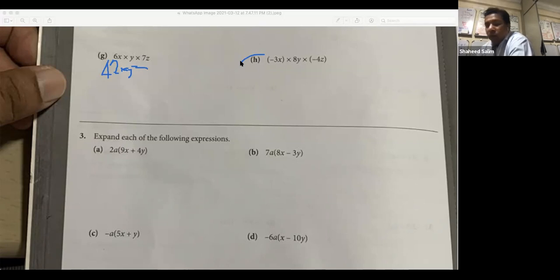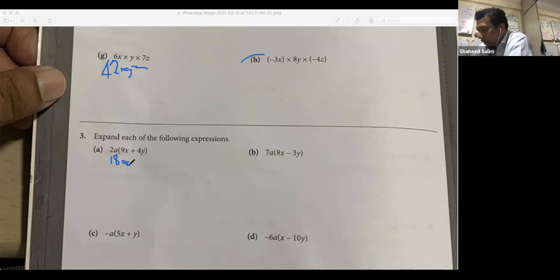Down here, 2 times 9, 18. A times X, AX. 18AX. Right? It's giving me the answer. AY, yes. AY, okay. Yes, correct.